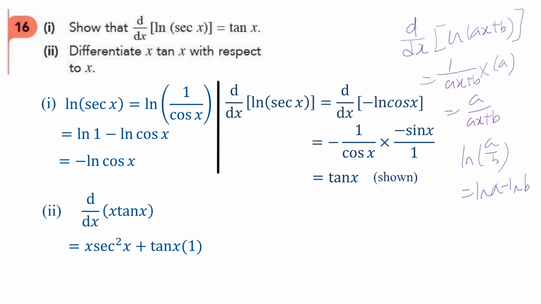Just differentiate x tangent x with respect to x. How do we do that? You just use your product rule. Let x be u, tangent x be v. So you differentiate tangent x, you get secant square x, plus differentiate x, you get 1.